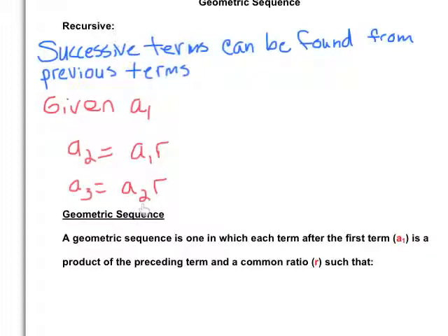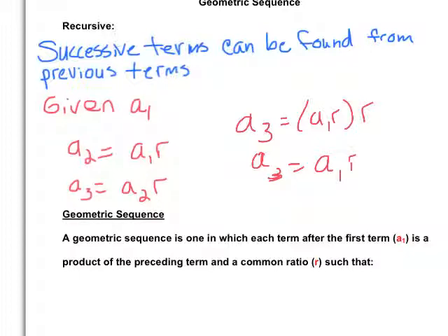Now I can write a sub 3 in terms of a sub 1, because I can replace a sub 2 with this here. So a sub 3 can also be represented by a sub 2 is a sub 1 times r, which means a sub 3 is equal to a sub 1 times r squared.